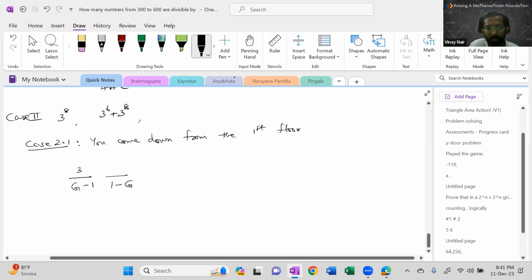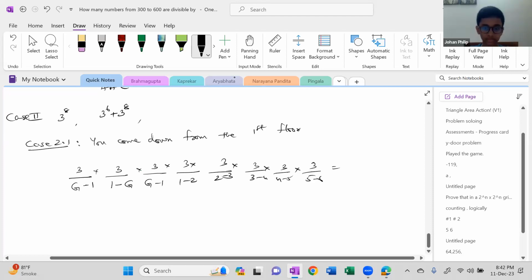First to ground, 3 ways. Ground to first, 3 ways. First to second, 3 ways. Second to third, 3 ways. Third to fourth, 3 ways. Fourth to fifth, 3 ways. Fifth to sixth, 3 ways. Which comes to 3 power 8. You come down from the first floor, there are 3 power 8 possibilities.